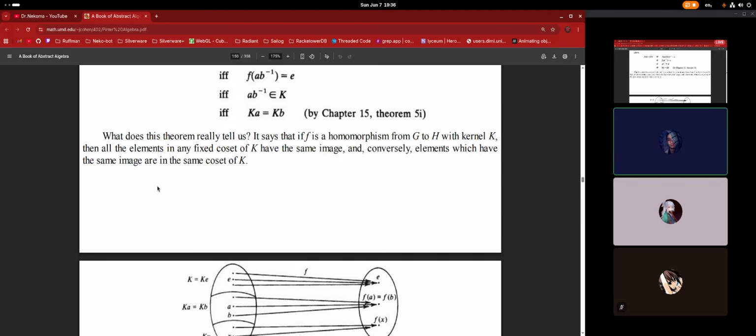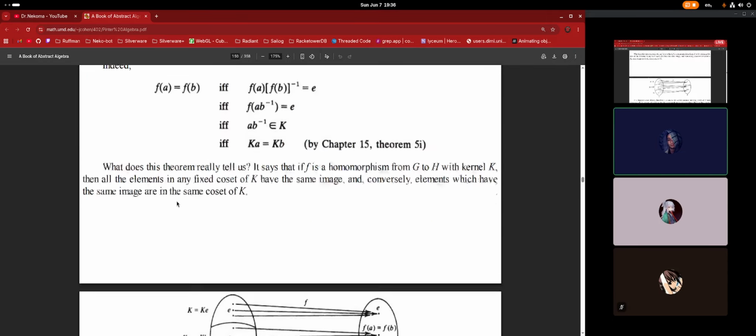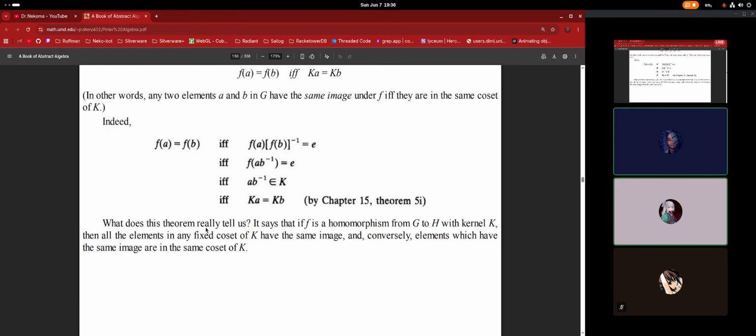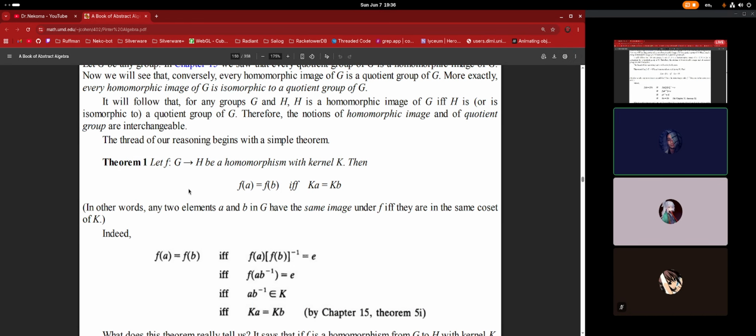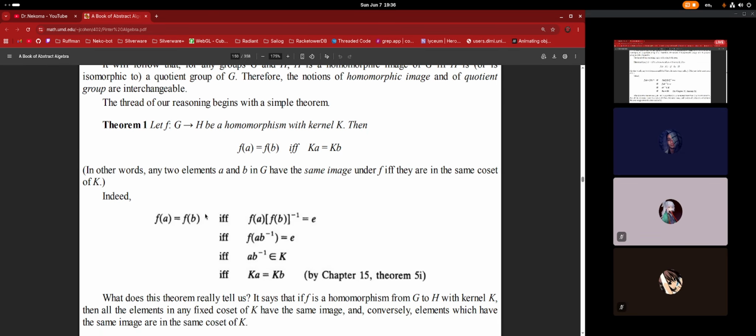Okay. I think it's better for us to just go to this image because my question is kind of in here anyway. The proof for this theorem is kind of trivial if you think about it, because we start with f of a equals f of b if and only if... if they are the same, then grabbing one with its own inverse is equal to the neutral element.